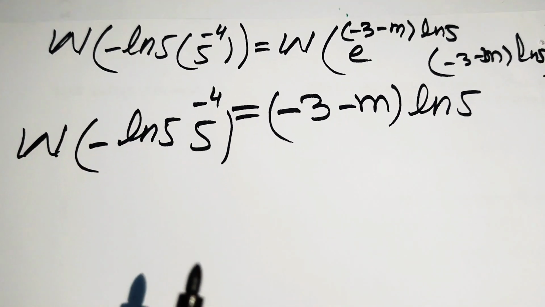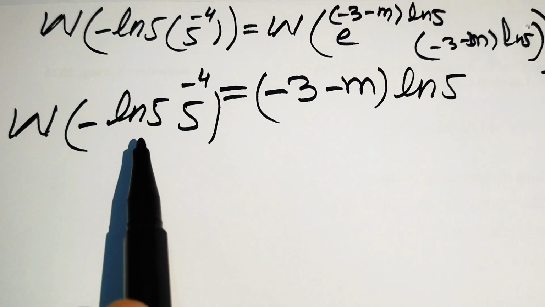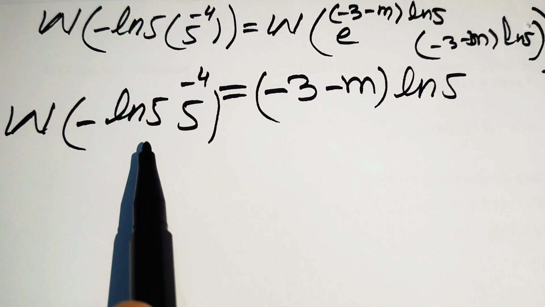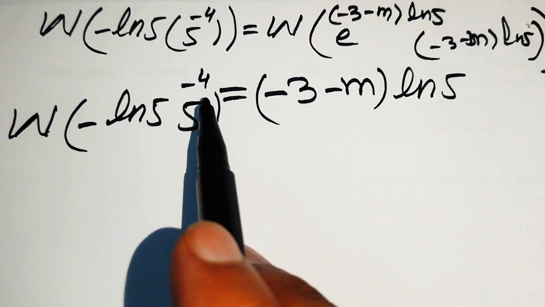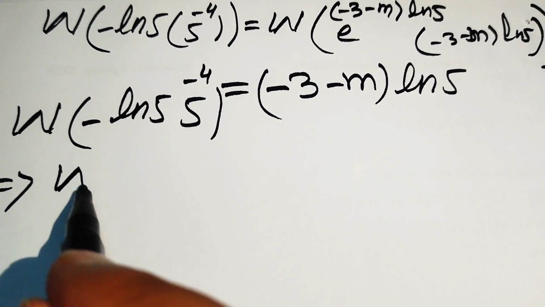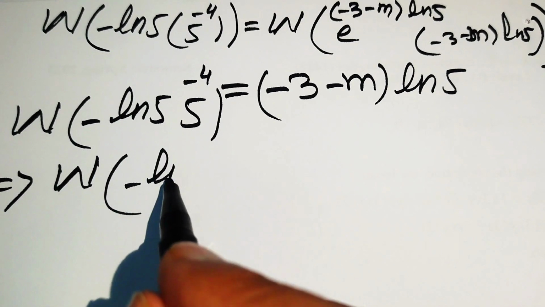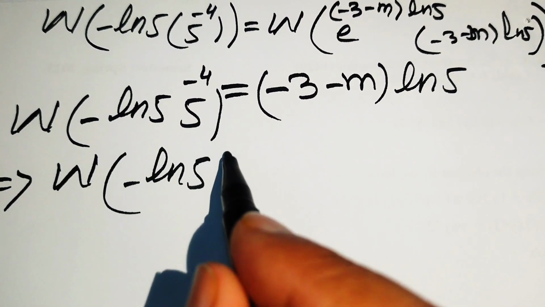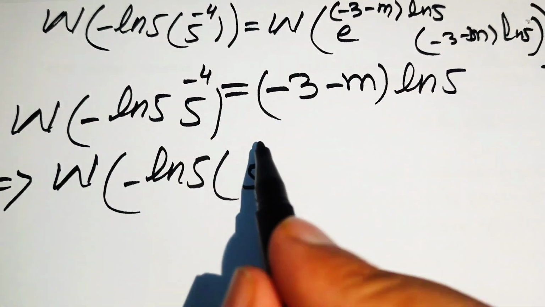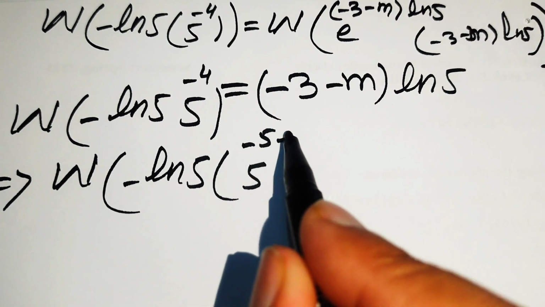So now in the next step, we again need to apply the Lambert W function on the left-hand side, and here we rewrite the term 5 to the power of minus 4 as minus log of 5 into 5 to the power of minus 5 plus 1.